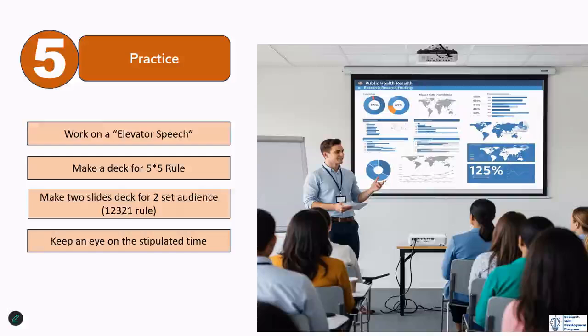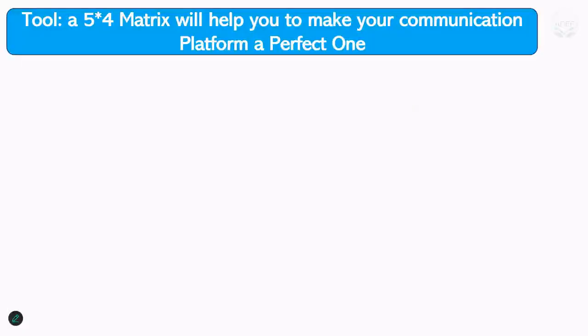Don't miss it, so that at the last moment nobody says your time is over and you cut a sorry figure in front of everyone. If you have at least an elevator speech, 5 into 5, and 1, 2, 3, 2, 1, then you are equipped for any situation, and your presentation can deliver. So this is the practice part of your presentation preparation.